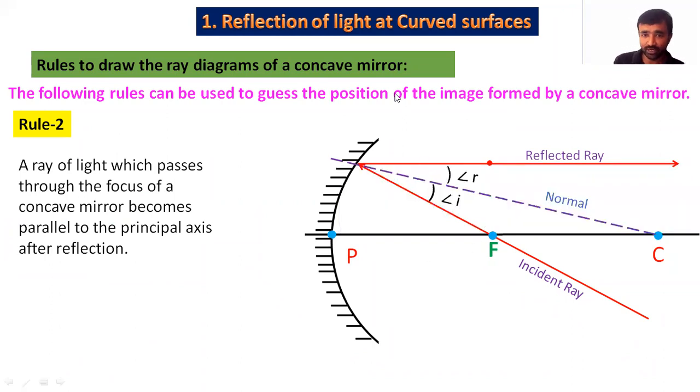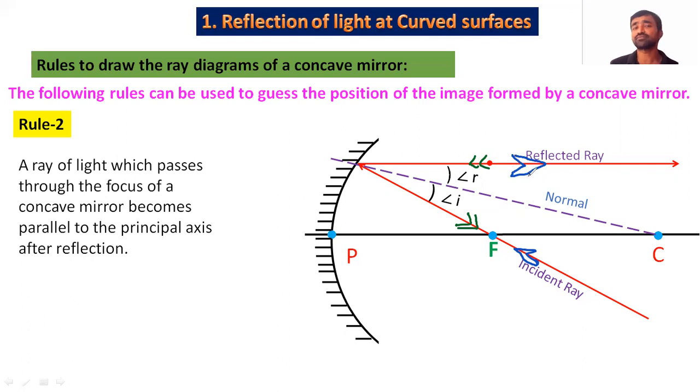Right. So I remove the scale. If a light ray is incident like this, it goes like this. If a light ray, I'm using a different color to show you, like this, then it goes after reflection like this.